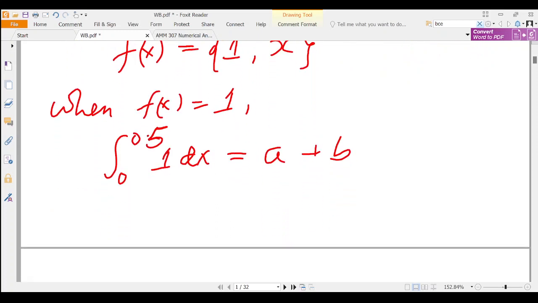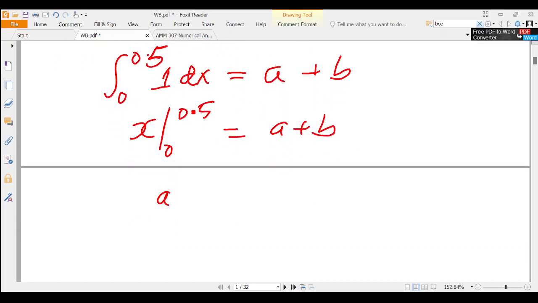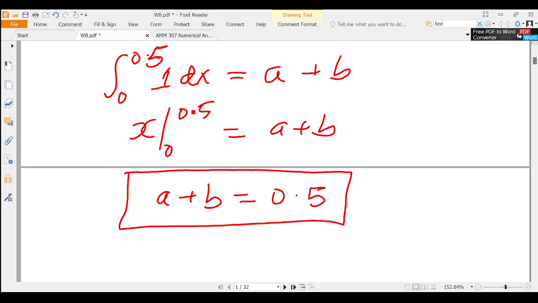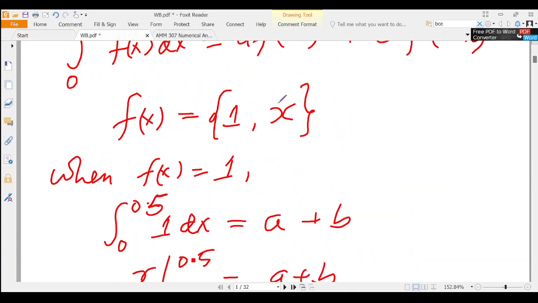If we integrate the left-hand side, we get x from 0 to 0.5, so that a plus b is equal to 0.5. This is one equation. I will call it equation 1. We have used f of x is 1. We now use f of x is equal to x.